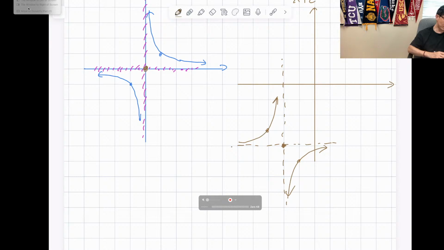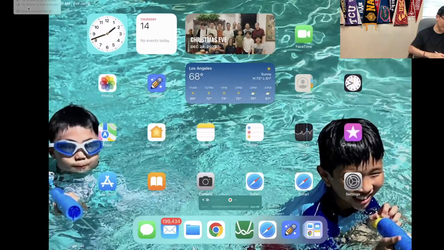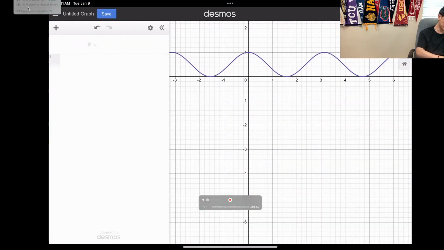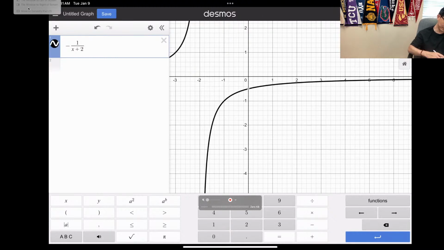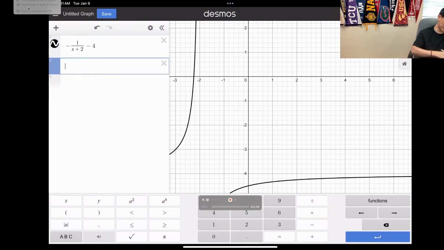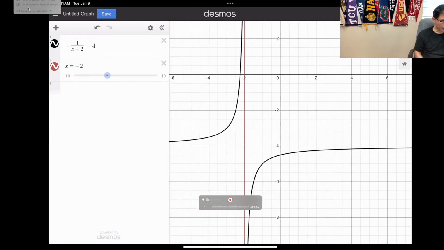And we can check it on the actual graph. Let's say we have negative 1 all over x plus 2, minus 4, right? And x equals negative 2. By the way, you guys can learn how to do this too. If you click on the colored button long enough, the color adjustments will show up, so you can change the color.